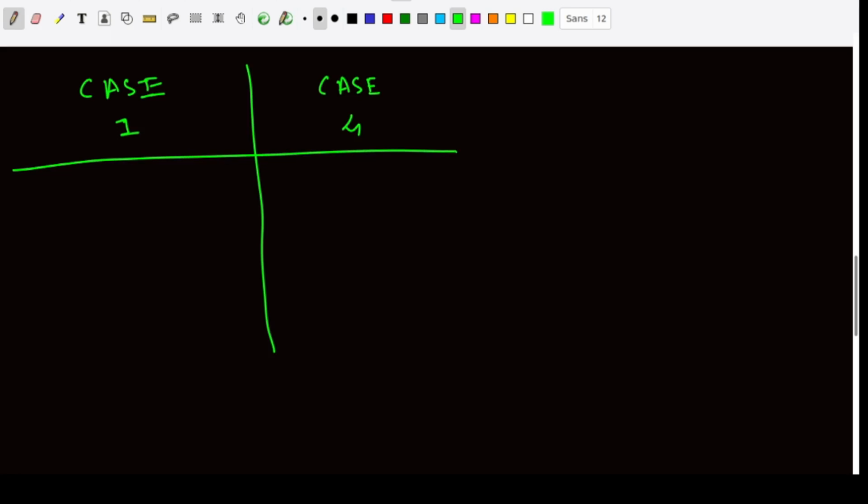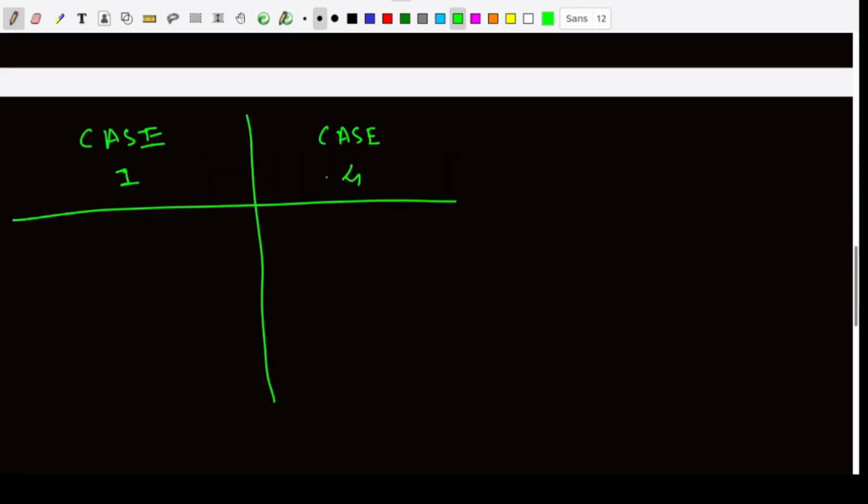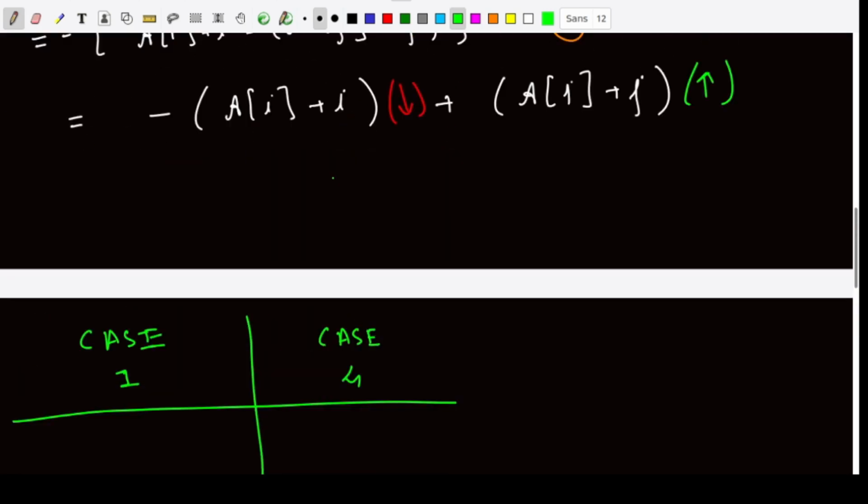Let us see which value we were maximizing in case 4, and then we'll go to case 1. For the time being, let us forget about I and j. The term which I am trying to maximize in case 4 is this. This is the term I was trying to maximize.